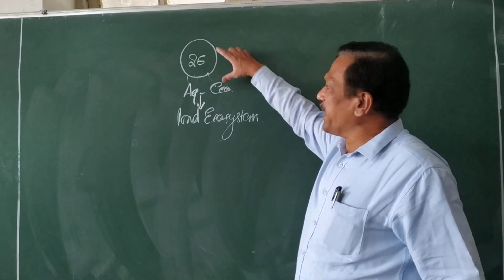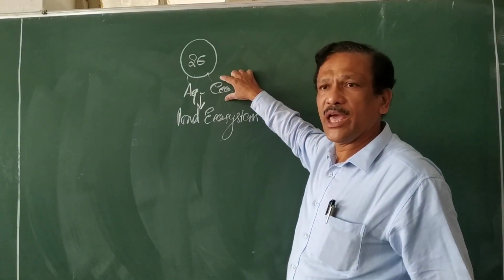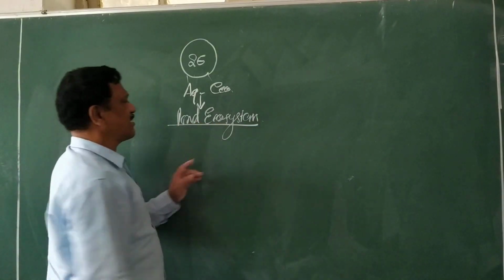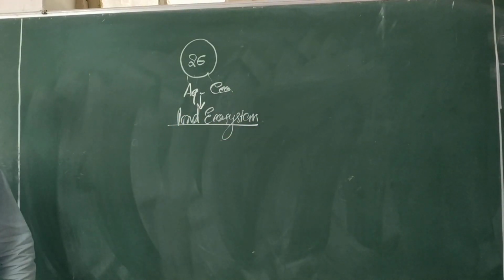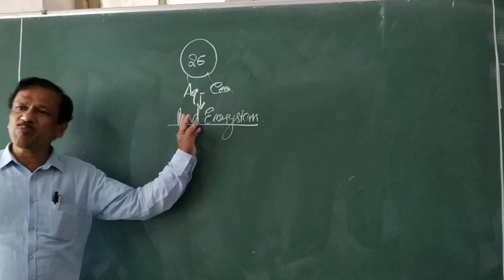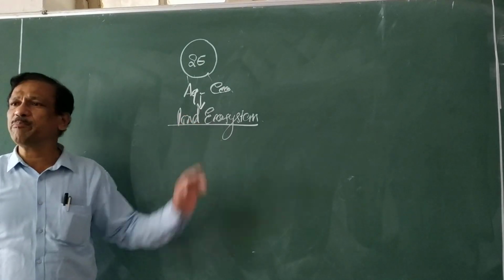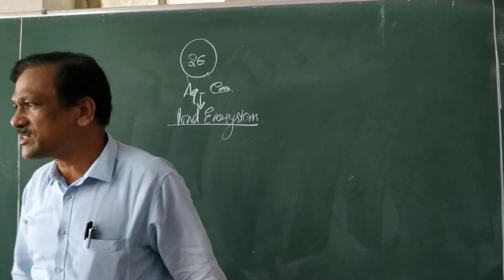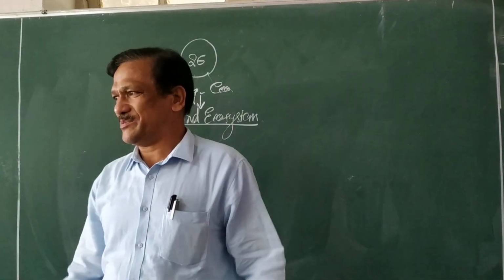So this is a typical example of aquatic ecosystem, and this ecosystem can be termed as pond ecosystem. We are considering this pond ecosystem as a typical aquatic ecosystem because the study becomes very convenient.